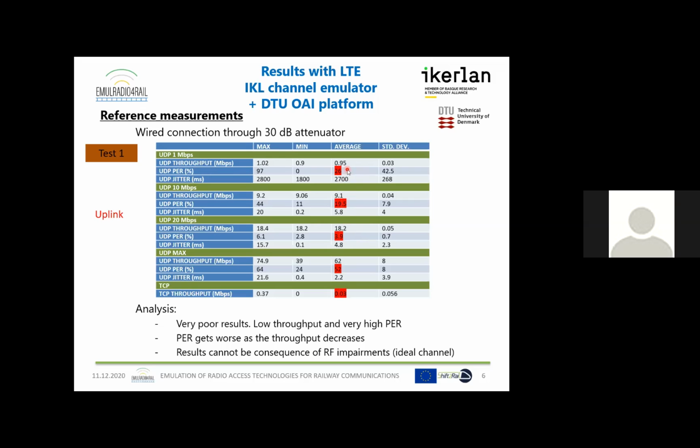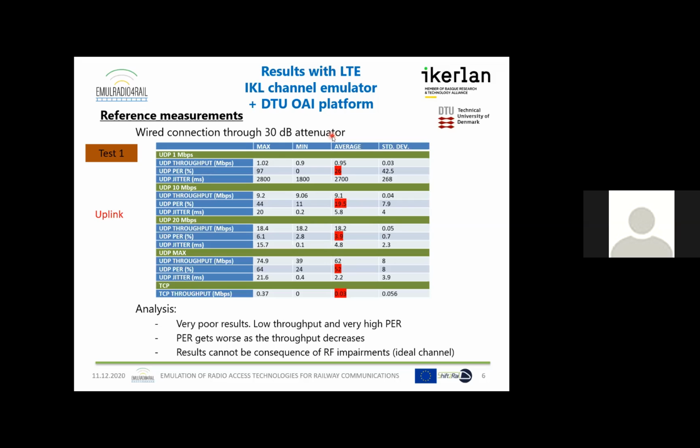And as we will see later, it's related to the version of OpenAir interface that was used for this test, which was not ready for this type of massive tests with iPerf. I mean, they don't integrate very well with each other.